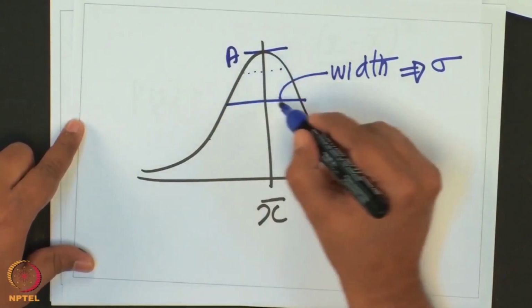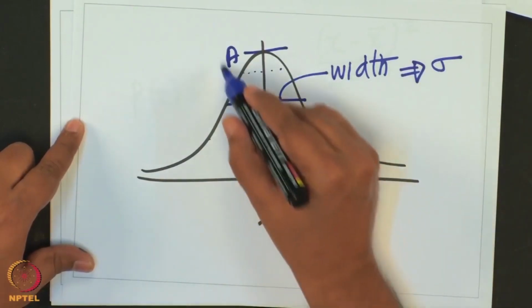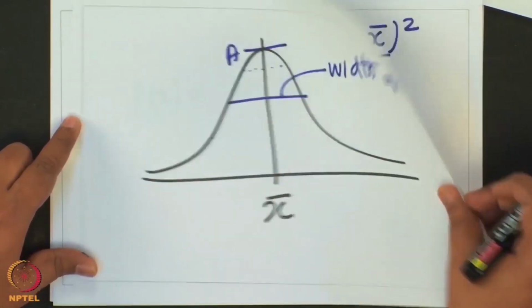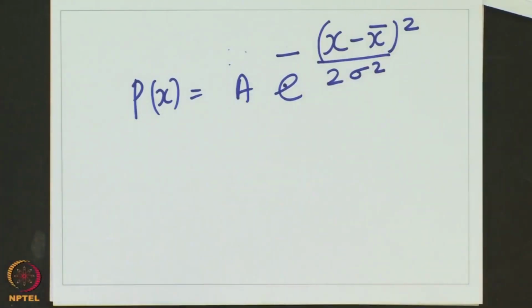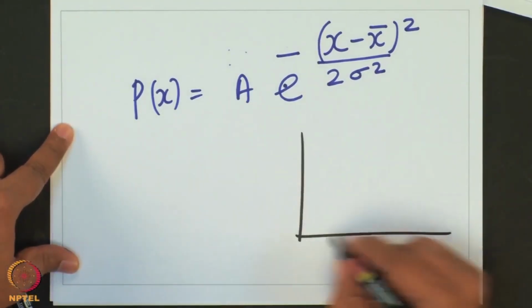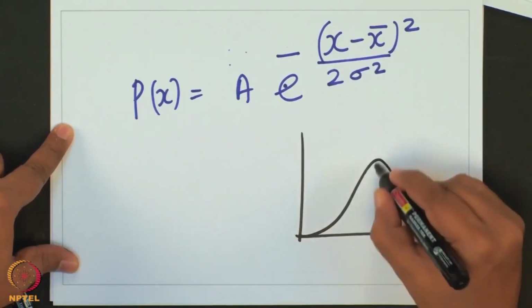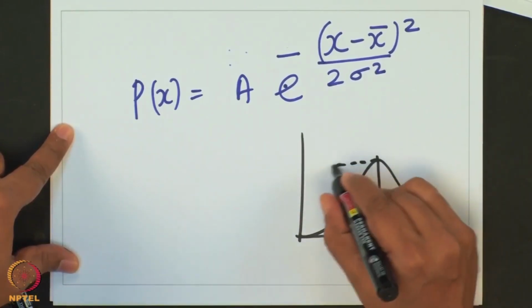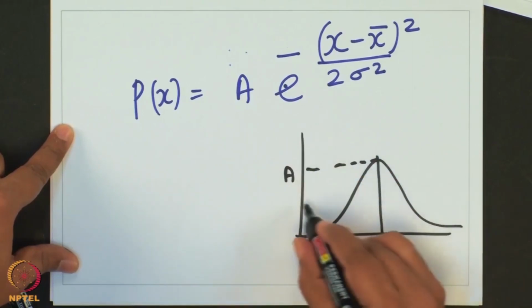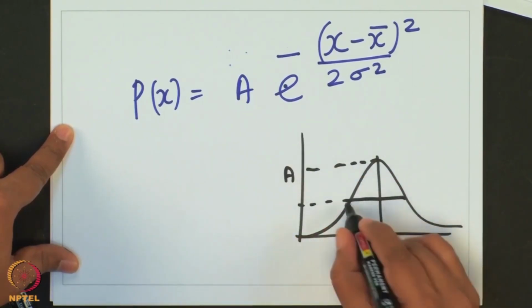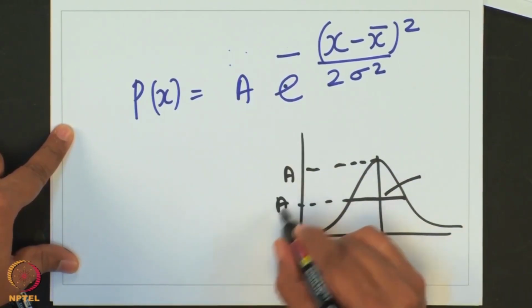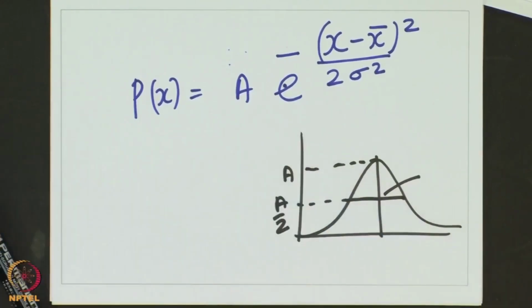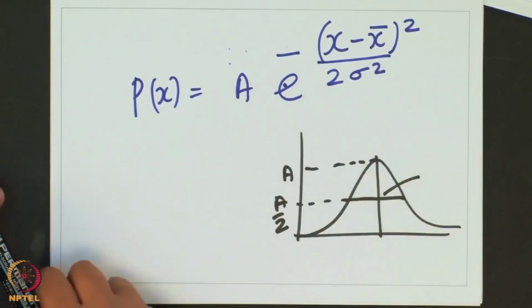If I measure the width at some point, half a, somewhere half the maximum. So if I measure the width at half maximum, let me draw that here. I have this value is a. If I measure the width here, which is a by 2, so if P is a by 2, let us substitute a by 2 here.